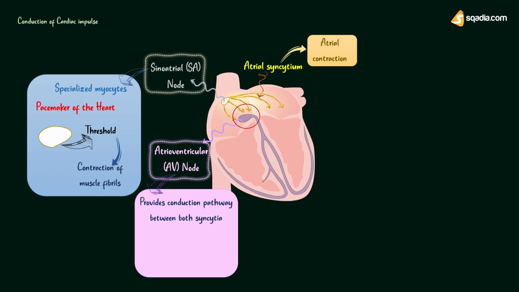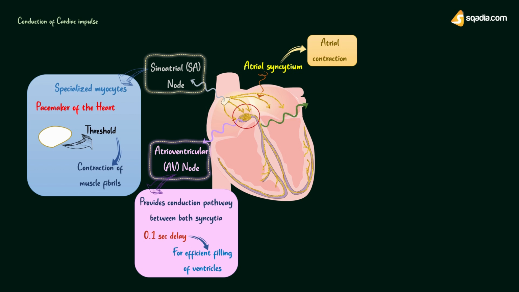The AV node provides the conduction pathway between the atrial and ventricular syncytia. Here, impulses are slightly delayed for 0.1 seconds because of the small diameter of the junctional fibers. The atria therefore have more time to contract and empty all their blood into the ventricles before ventricular contraction occurs.